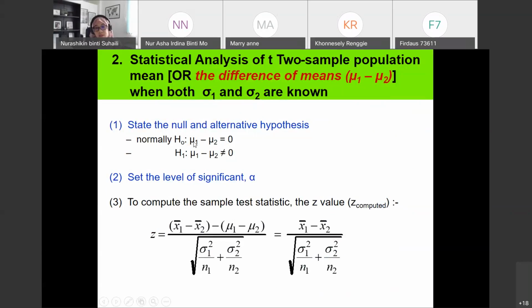You just transfer mu2 to the other side. The alternative hypothesis is the opposite of the null: there is a difference between mu1 and mu2, or they are not similar. Anything that falls into that meaning. So that is the difference between the two samples and the one sample we discussed last week. We also have to consider mu2.